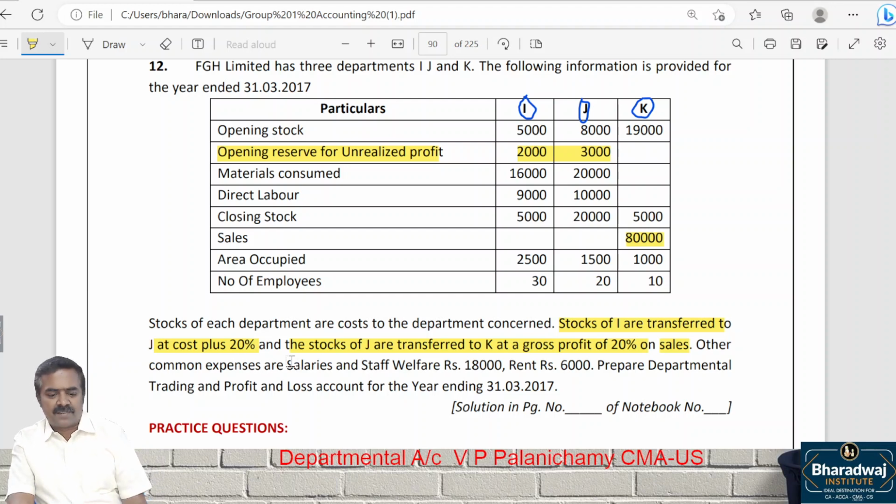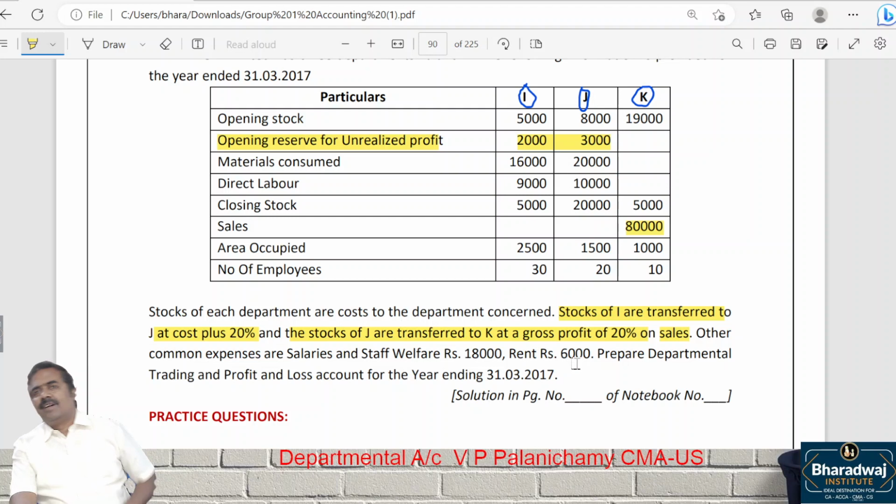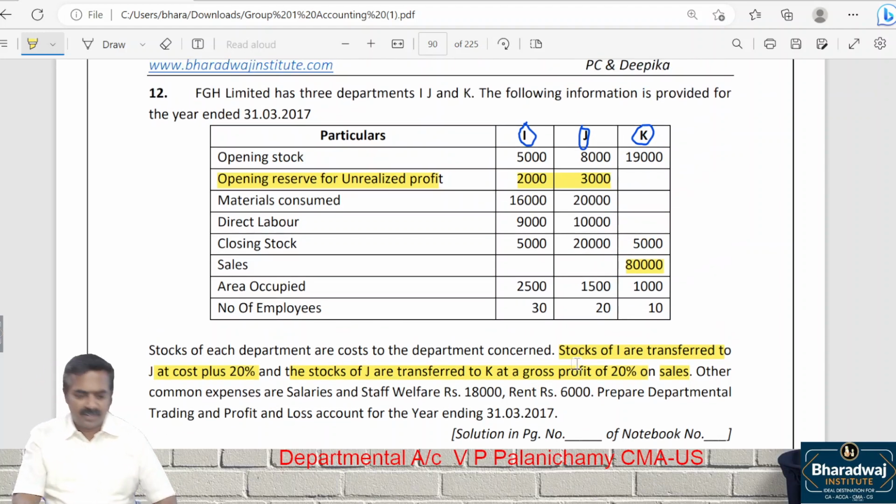Common expense of salaries and staff welfare 18,000 and 6,000. Prepare which account? Departmental trading and P&L account. Okay. Work it out and tell me the answer. I don't remember. In the regular class, I have not done this.